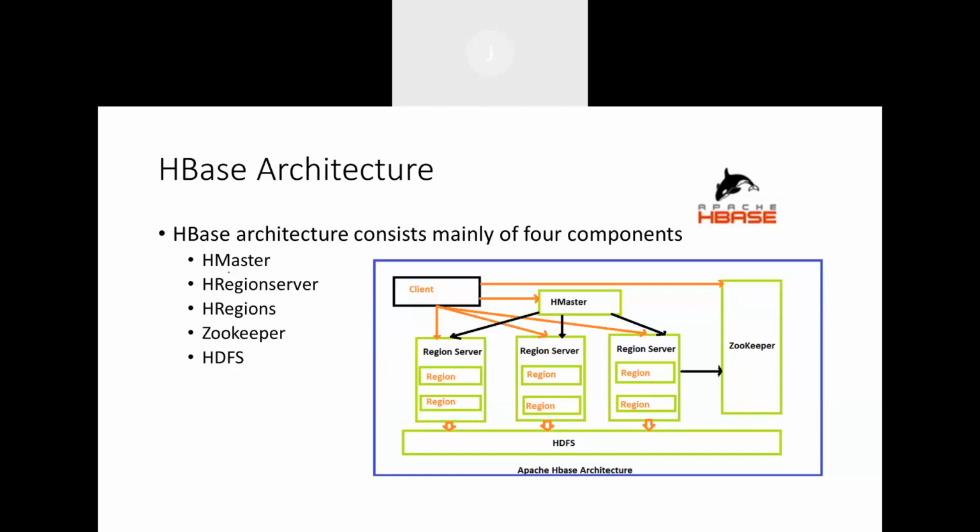So the master is similar to our HDFS Hadoop master, which does the major part. It does not hold the data, but it holds the information of where the data is present. The region server is nothing but the data node itself, where the actual data is present.